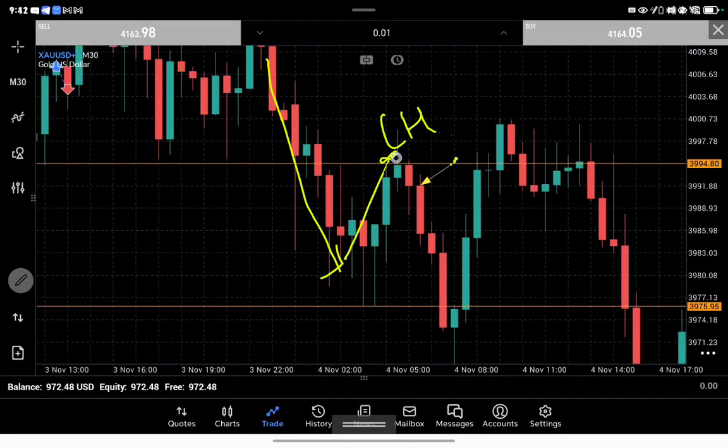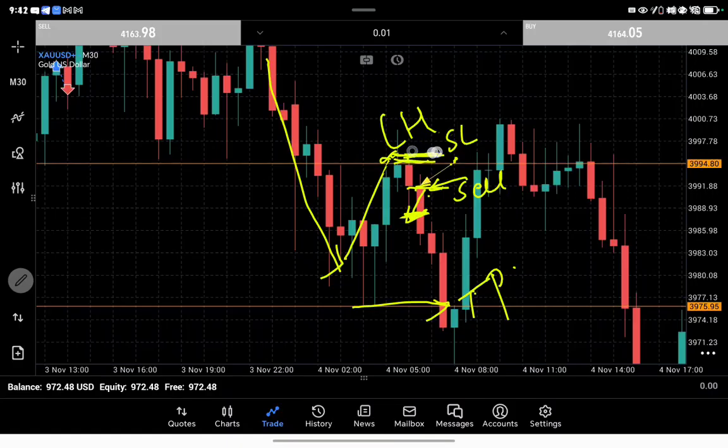after creating a resistance, I could go for a sell at this point by putting the stop loss at this level. SL would be this, entry would be a sell at this point, and TP would be to fill this wick. But I could not go for a sell after breaking the low of the previous candle, because I don't want to lose this move, and if it's a downtrend, it has no business breaking this zone.